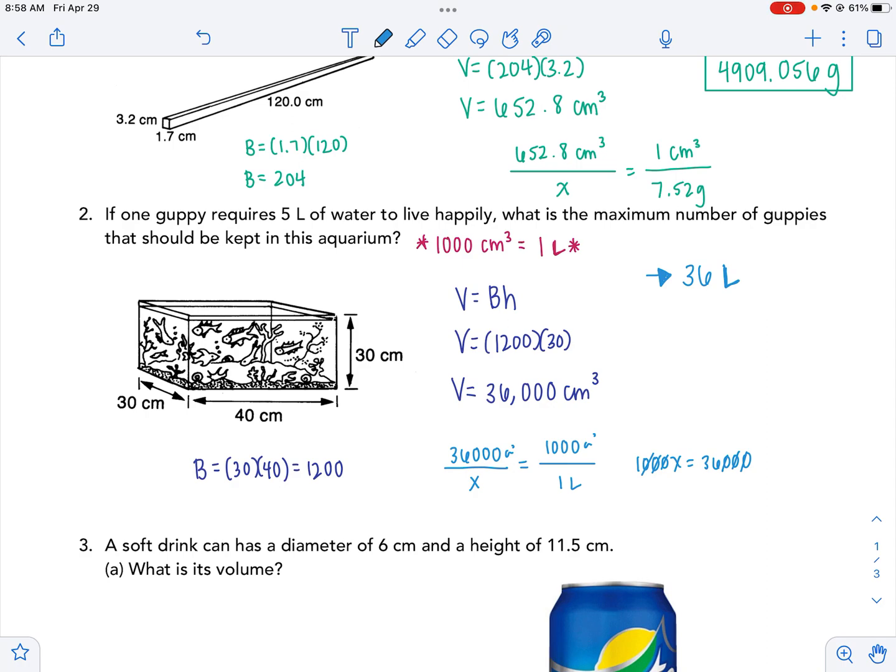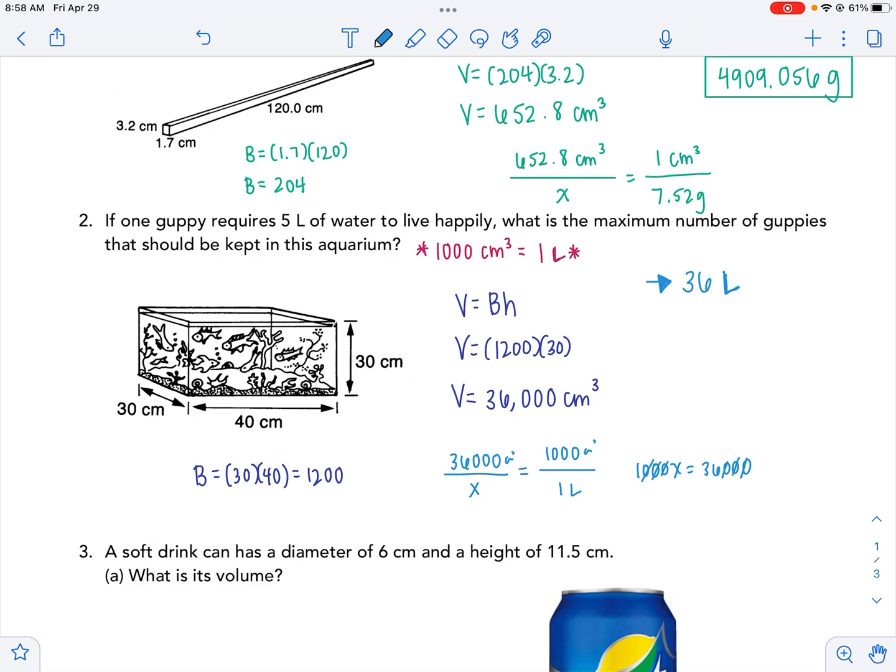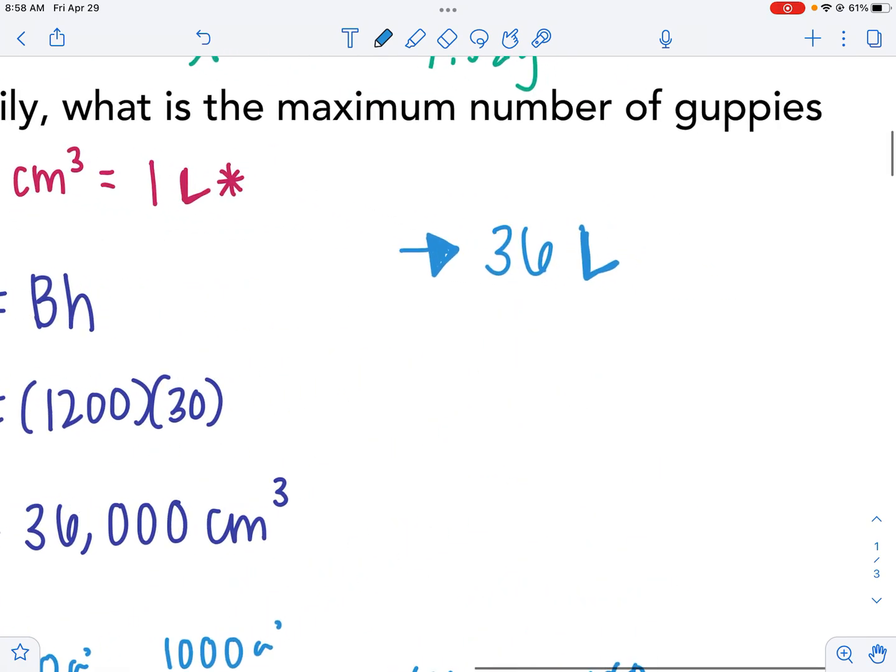Now, a lot of these word problems we need to be very careful whenever we're reading because the question didn't ask us how much does the aquarium contain, how many liters does it have, and wants to know how many guppies could we put into it. So if 1 guppy requires 5 liters of water, I'm going to do 36 divided by 5 because I want to know how many guppies I can fit. So 36 divided by 5 would be 7.2.